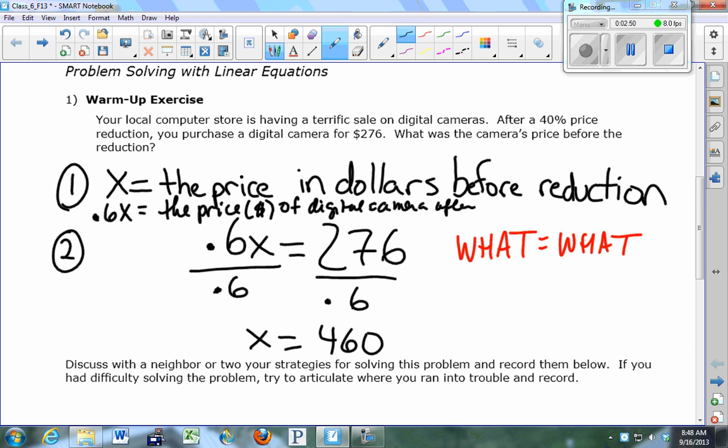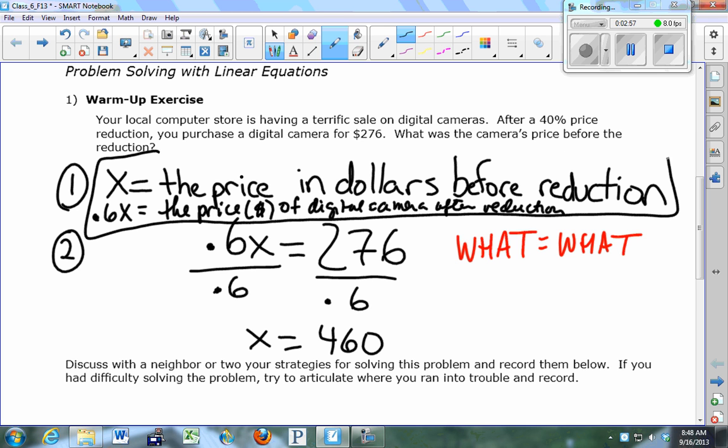After the reduction. All right, so now at step one, I have clearly established what I need to know. I understand the problem, and I'm showing myself and my teacher, and I'm establishing a good habit for the rest of the problems I'm about to do today. So X is the original price of the digital camera. 0.6x is the price of the camera after the reduction.